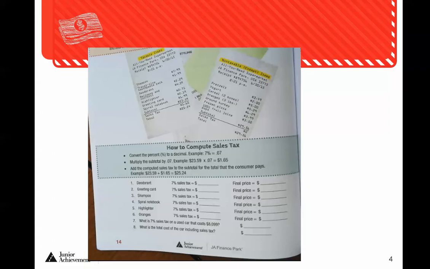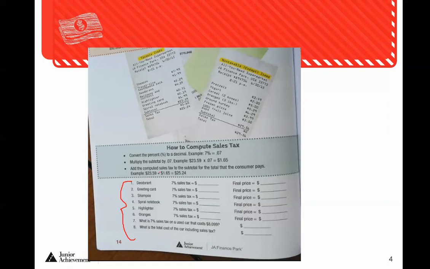So if you go ahead and turn to page 14 in your Finance Park book, this is the first page that we're going to complete. You have to complete questions 1 through 8, and what you're going to be doing is calculating the sales tax of each one of these items. I'll do the first one with you, and then you can hit pause to complete the rest of the page.